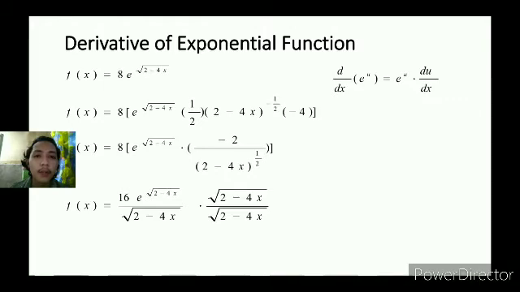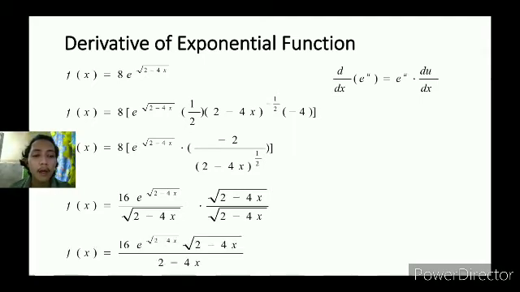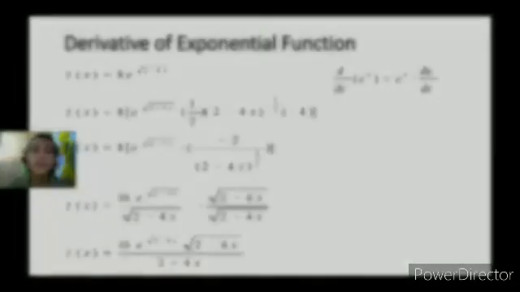So we need to take away the square root in the denominator, so we will multiply it by its conjugate, which is square root of 2 minus 4x. And we will now have f prime of x is equal to 16e to the power of square root of 2 minus 4x times square root of 2 minus 4x all over 2 minus 4x. And that would be our final answer.